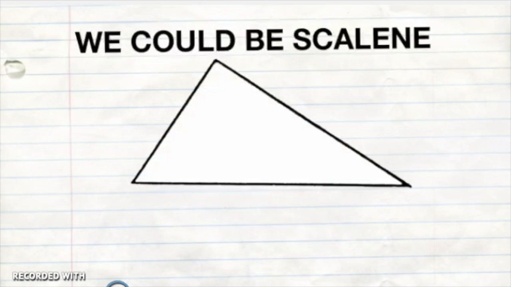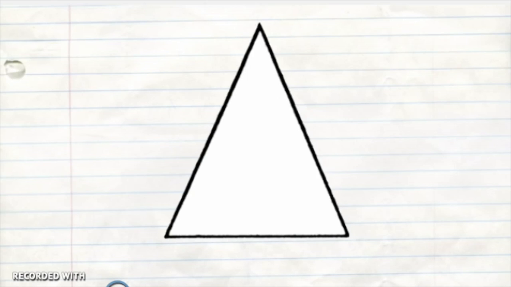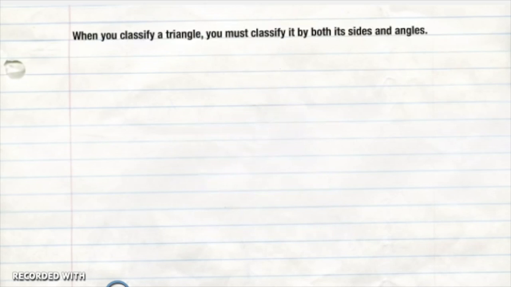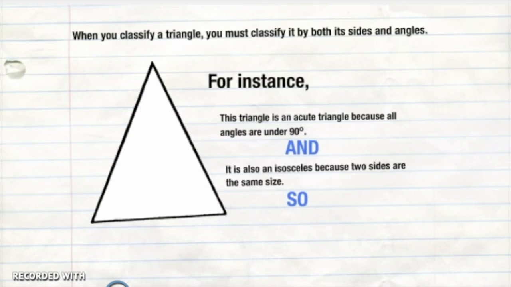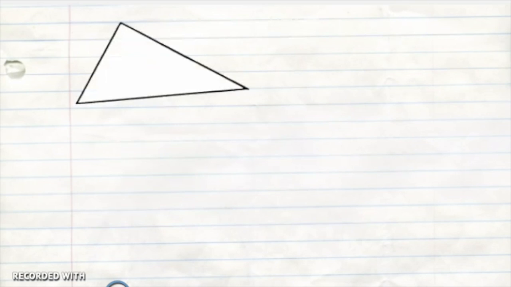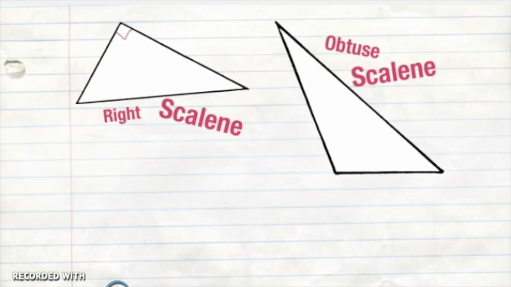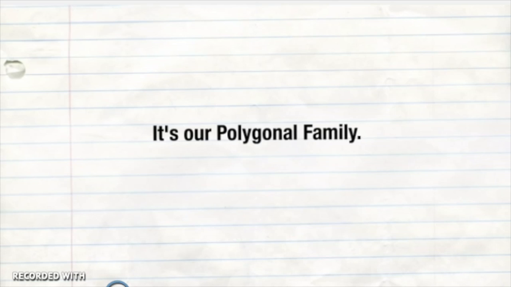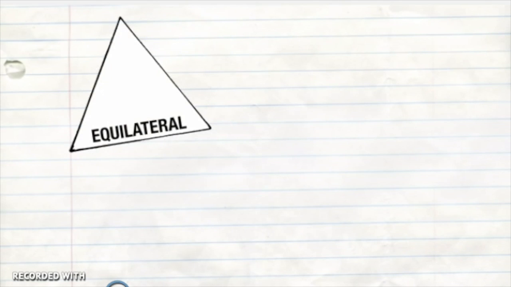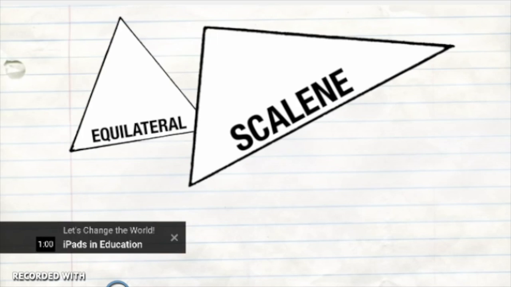We could be scalene and have no equal sides, or we can have 2 and be an isosceles.